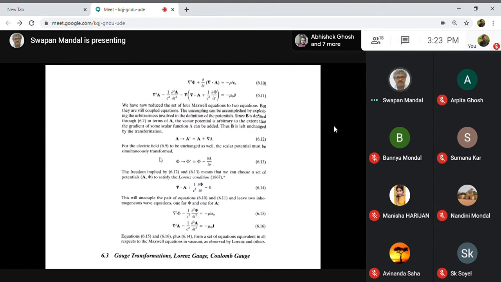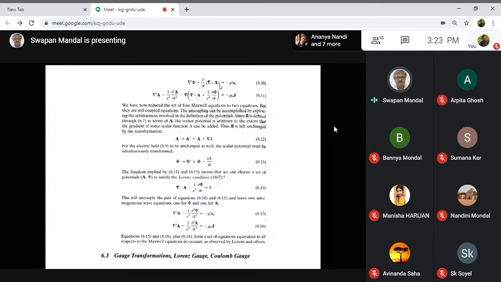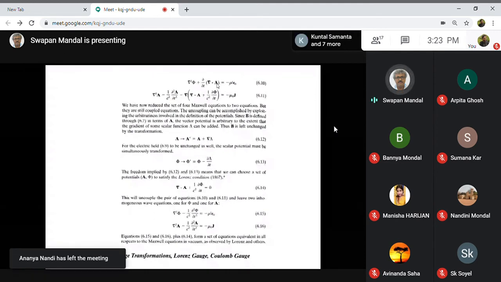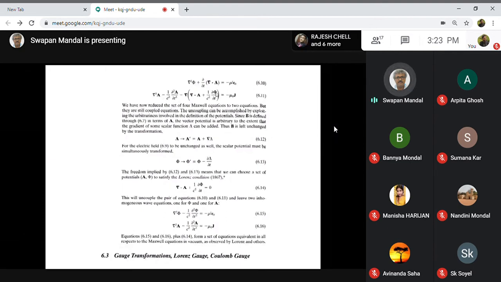Unfortunately, for these two differential equations, I have to have the solution of scalar potential and vector potential. It is not possible with these two differential equations. You know that A is sitting here, phi is sitting here, A is sitting here, phi is sitting here. In other words, they are coupled to each other.